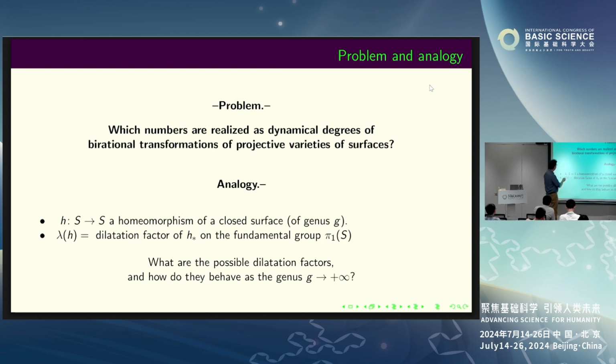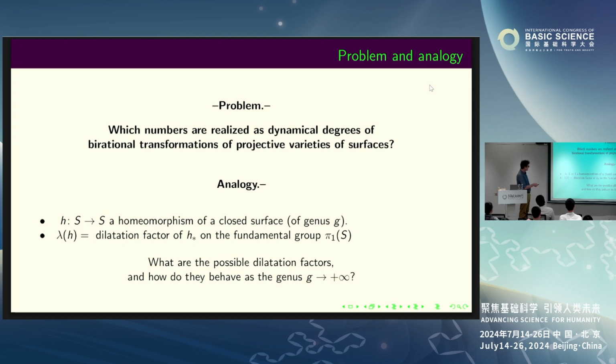And I will do that for birational transformations. And if you want an analogy, there is a closely related, but in fact completely different question, which is pure topology. So you start with a homeomorphism of a closed surface of some genus g.